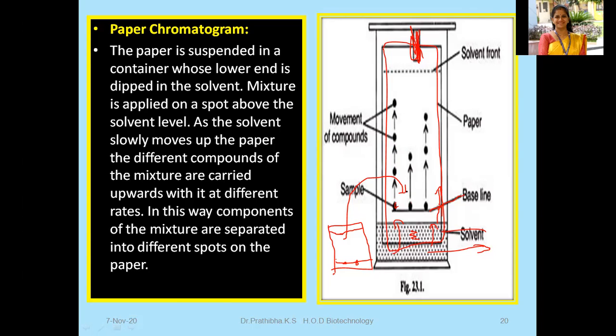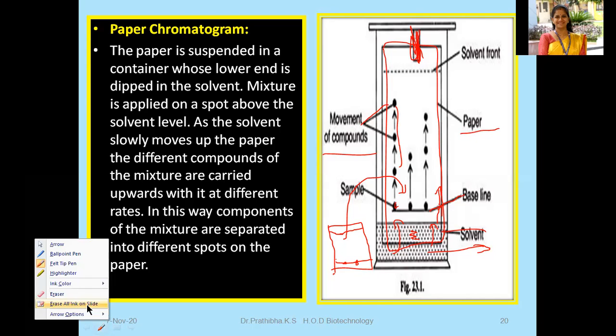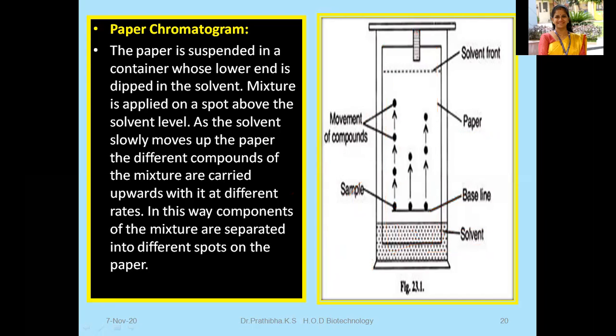Based on the molecular weight, those which are very heavy will settle here, and very light molecular weight will move further. You can see this is the movement of compounds, whereas this is the chromatographic paper, that is the Whatman filter paper. Hope you are able to understand this diagrammatic representation. Kindly draw this diagram and below write paper chromatography. This is the ascending paper chromatography.